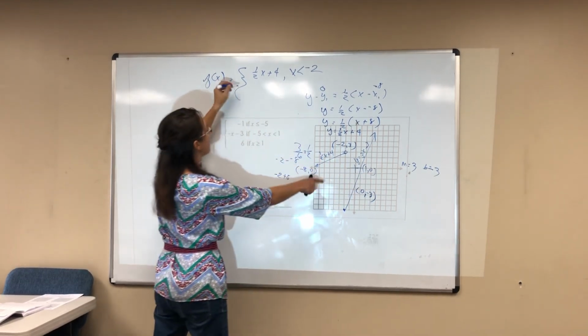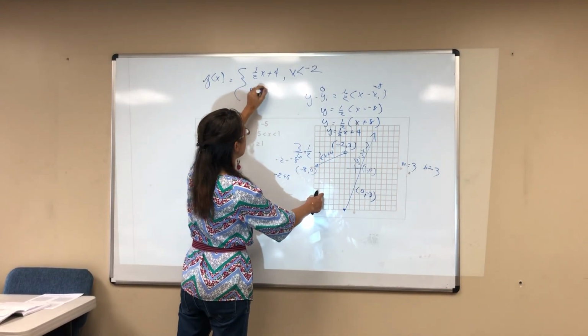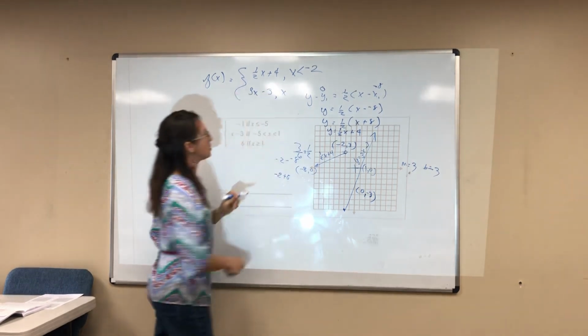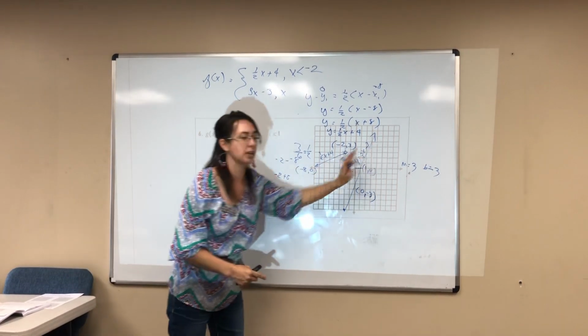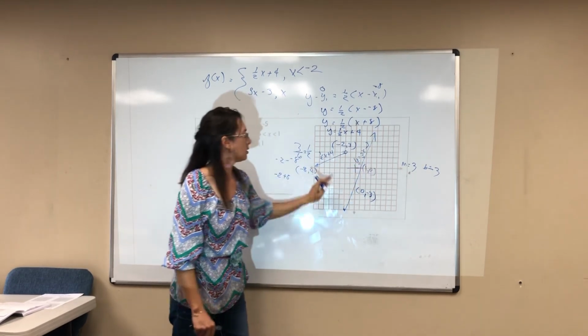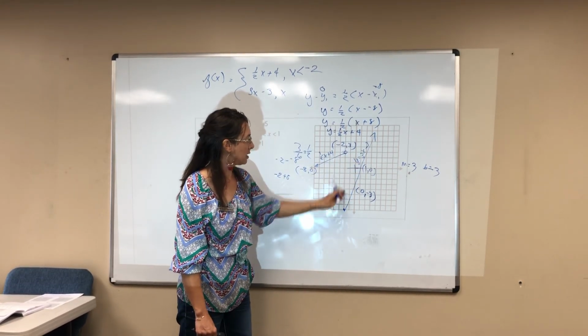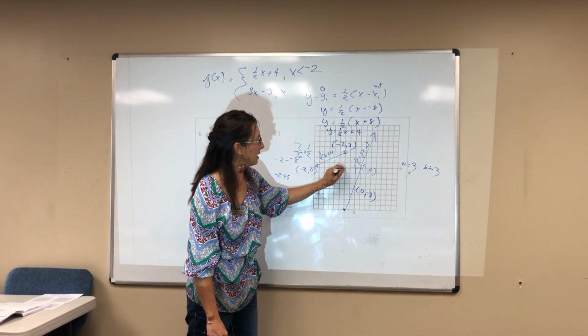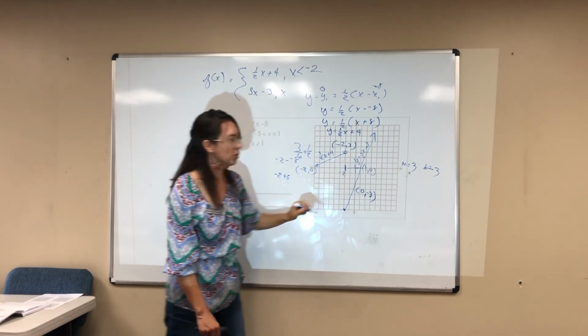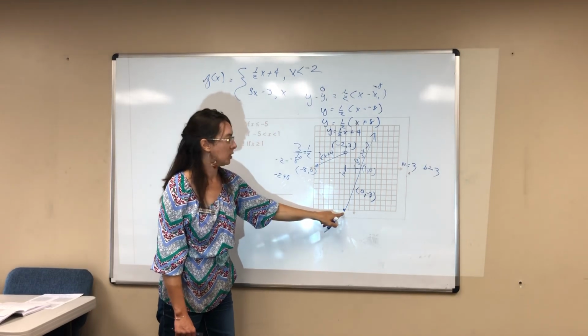So now I have 3x minus 3 when x is what? Which x values does this one use? We find our x-axis. Anything greater than -2. It hits here at -2, but it's going down. Well, it doesn't matter.